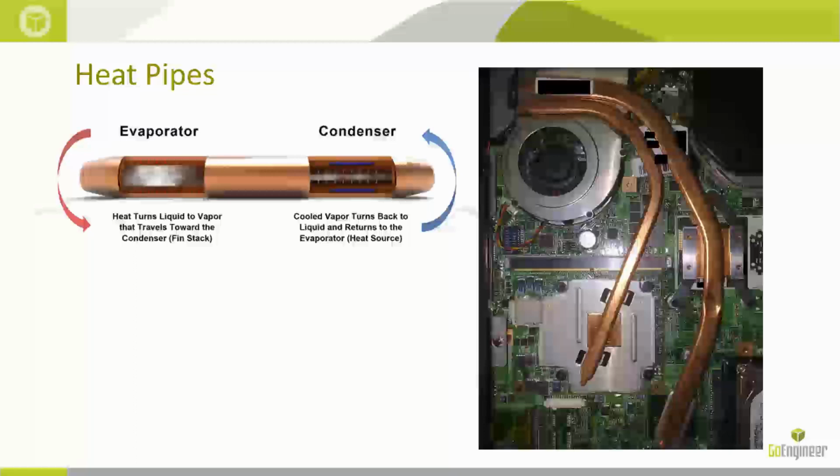So above the heat sink, you're going to see it collect heat and become a vapor, and then go to the region where it needs to dump that heat and then cool down and return back to a liquid state. Because of this phase transition, and phase change cannot be done in Flow Simulation, heat pipes are one way to approximate that. If you have heat pipes, it would be a good way to approximate the behavior without getting too detailed or adding too many computational elements in your design.